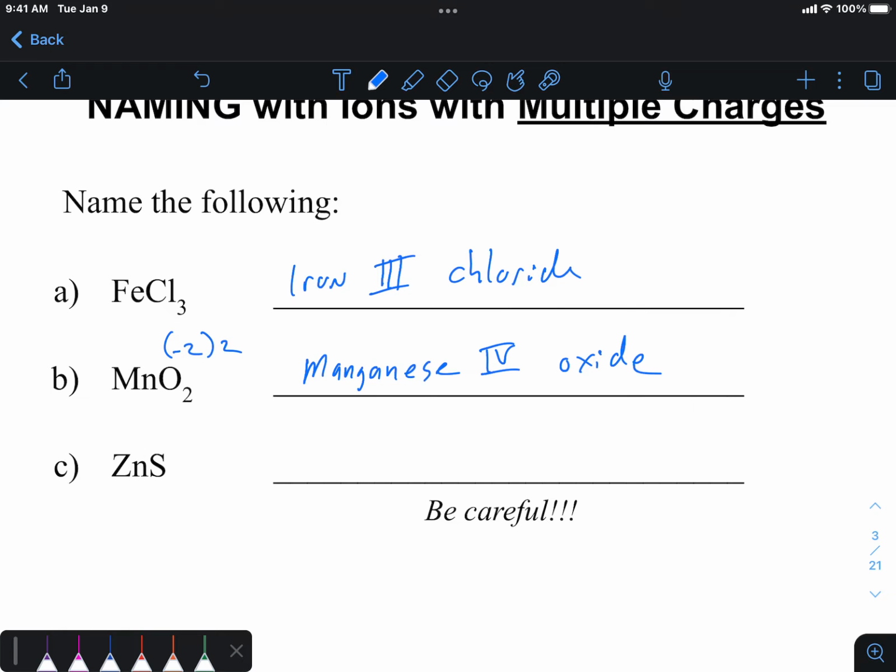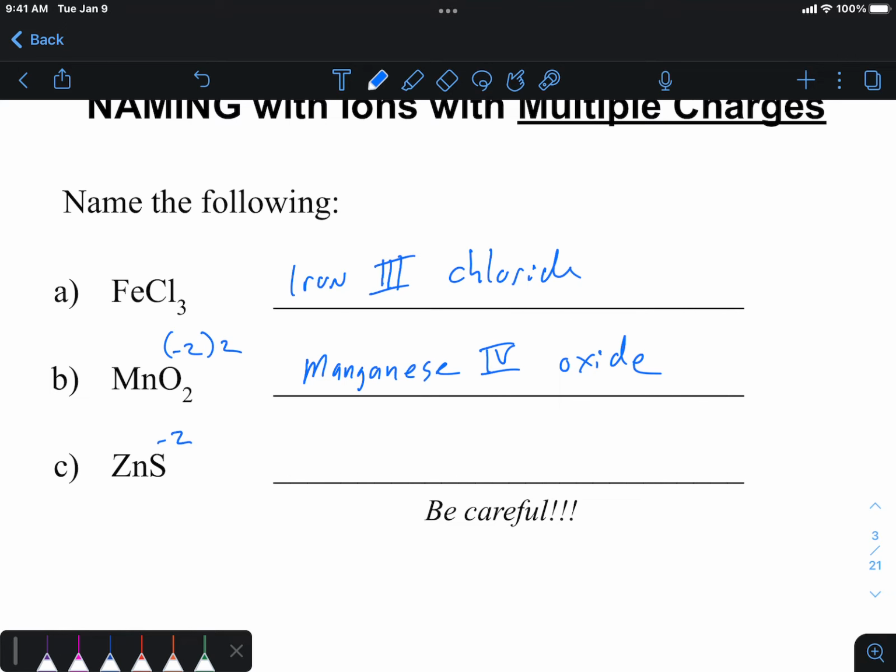ZnS. Let's look up the charges. So, you know what? Actually, now that I think about this, it's probably easier for you to look up the charges on the negative ion first, and then use that to determine the charge on the positive ion. So let's do it this time. Look up sulfur. What's sulfur's charge? Remember, only the negative charge that's listed. -2.